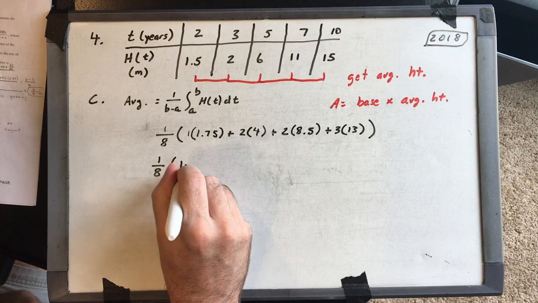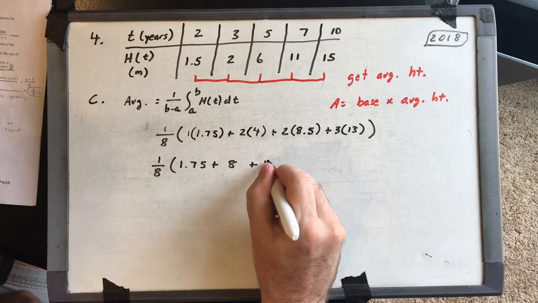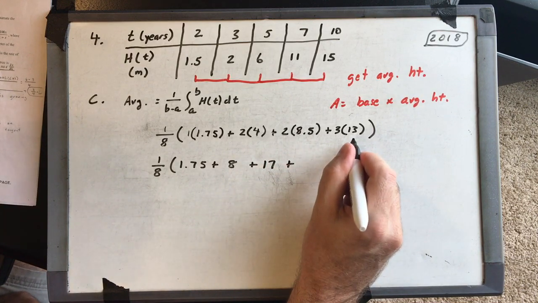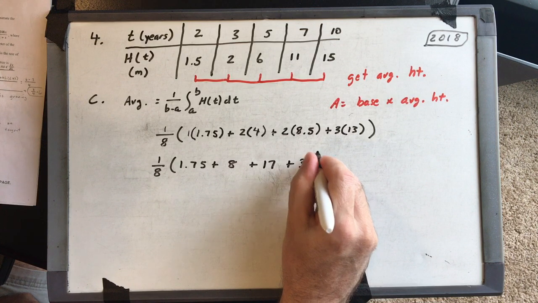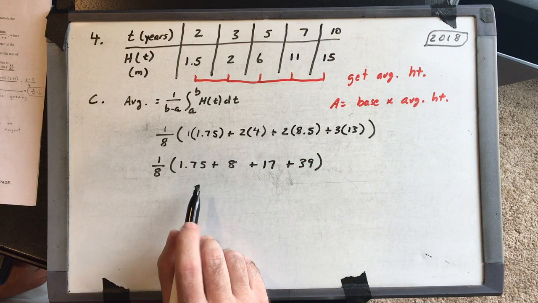1/8 times (1.75 plus 8 plus 17 plus 39). Dang. All right, so let's see.